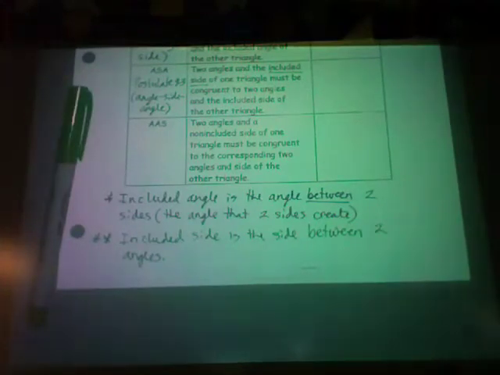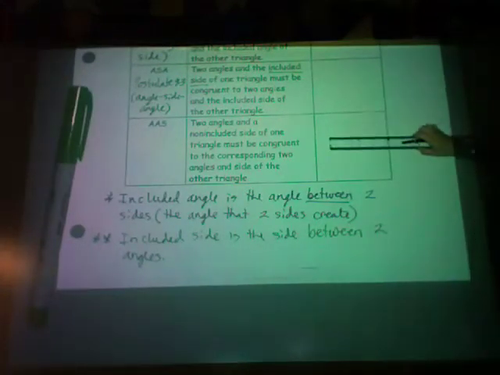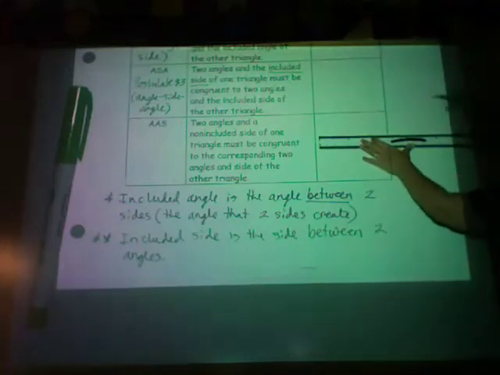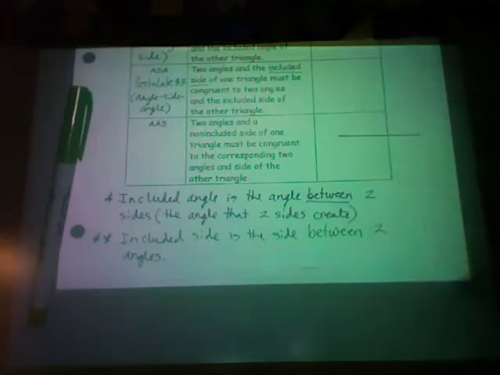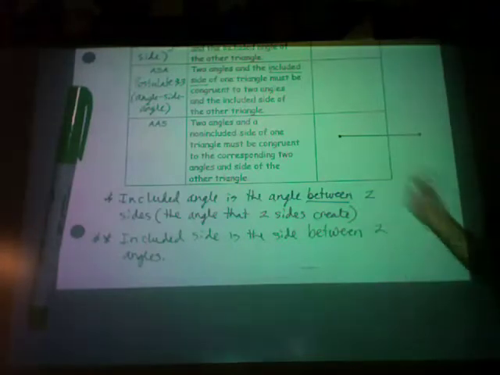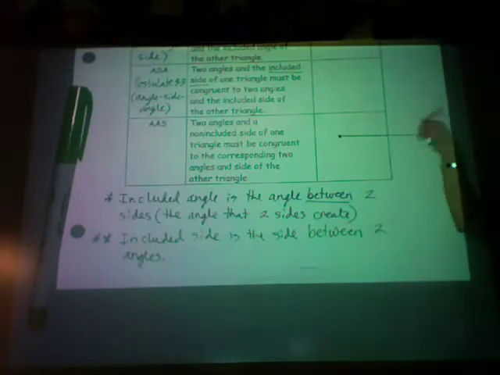So if I told you that you had to draw a specific length side, so let's say that that's your specific length side right here. Do you see that? And then I said, the angle here and the angle here, you have to make the following.